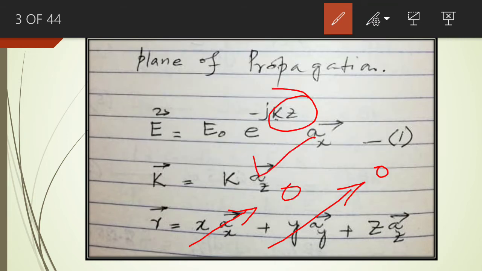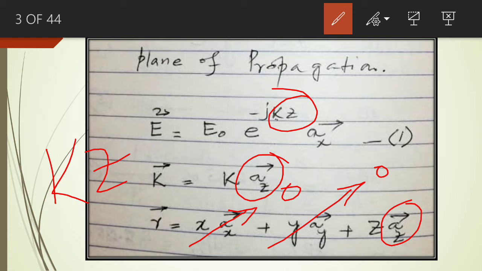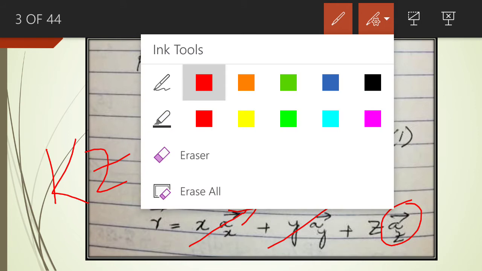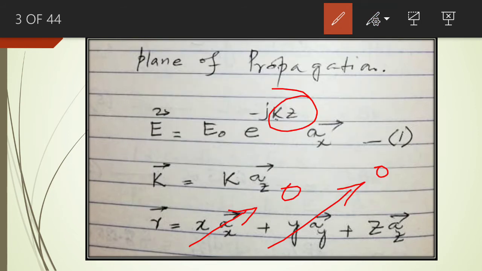Similarly, az dot ay results in 0. So the second component of k dot r will be 0. Why? Because az dot ay is 0. And there will be only one component of k dot r. Why? Because az dot az results in 1 and k dot r will be equal to kz. So this is how we calculate the scalar product of these two vectors. The scalar product of these two vectors will result in kz.